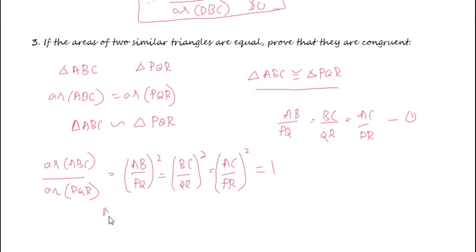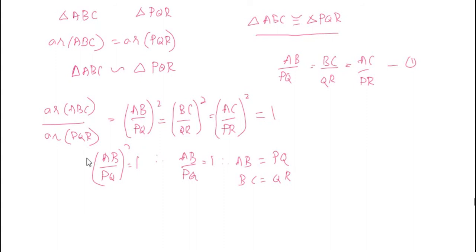Therefore, AB by PQ whole square equals 1. Therefore, AB by PQ is equal to 1. Therefore, AB is equal to PQ. Similarly, you can prove that BC equals QR and AC equals PR.